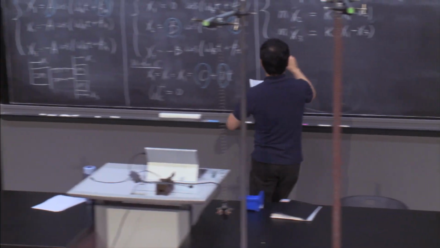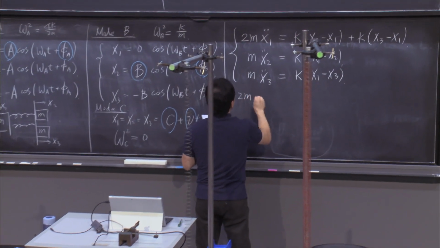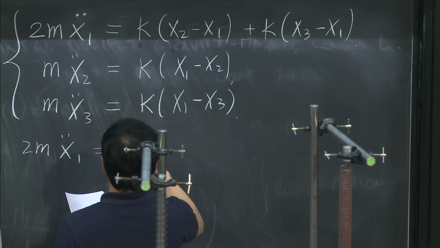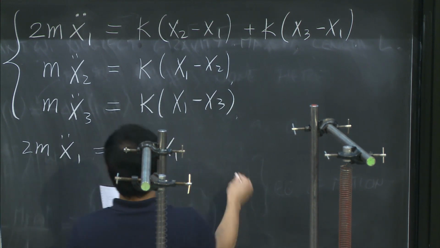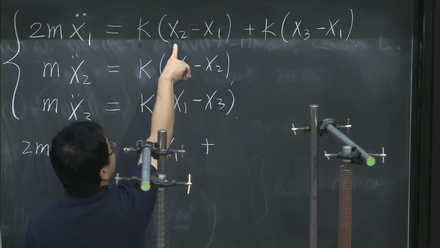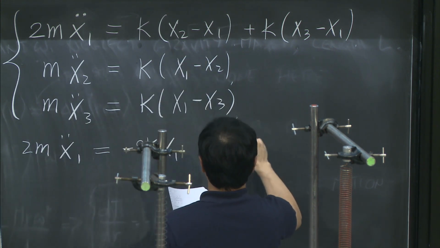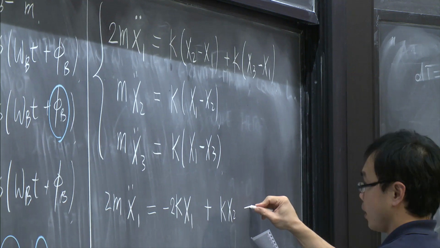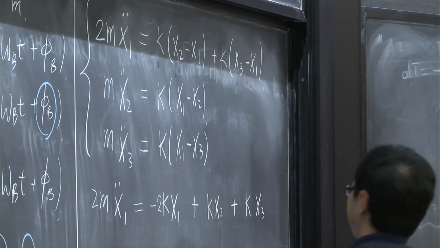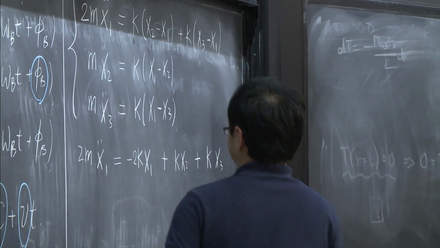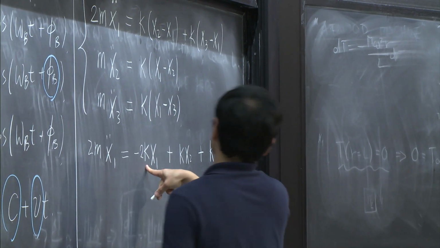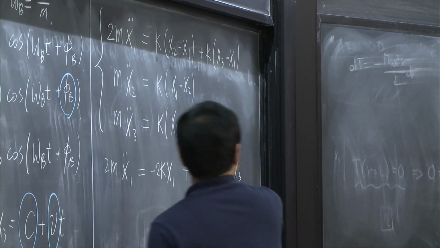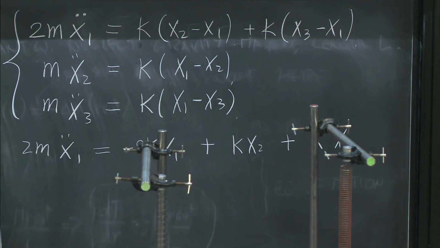So I copy the left-hand side, 2m x1 double dot, and that will be equal to minus 2k x1, plus, I collect all the terms related to x2, plus k x2, there's only one term here, then plus k x3. I'm just trying to organize my equation, okay? So you can see that I collect all the terms related to x1: minus k twice, I get minus 2k, and the plus k for x2, plus k for x3.